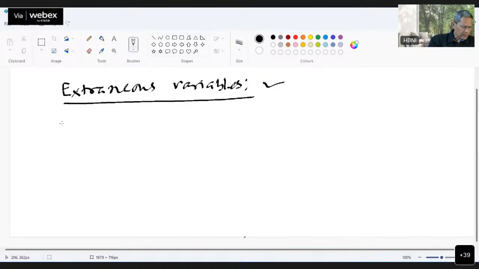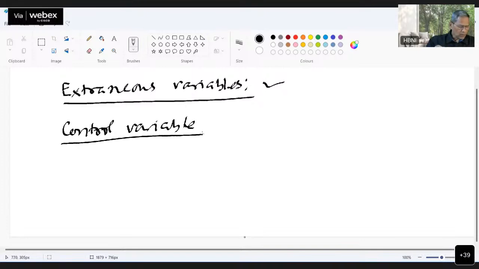There is something called also control variable. One important characteristic of a good research design is to minimize the influence or effect of extraneous variable. The term control is used when you design the study to minimize the effect of extraneous variable.